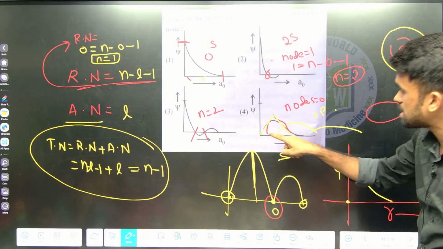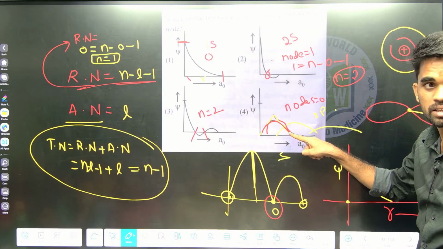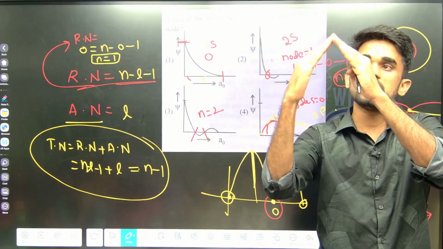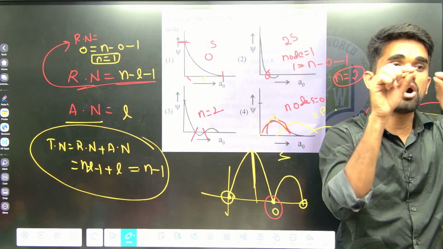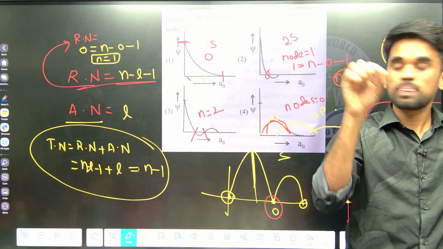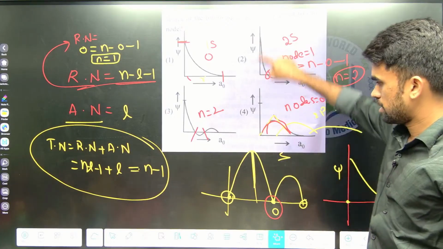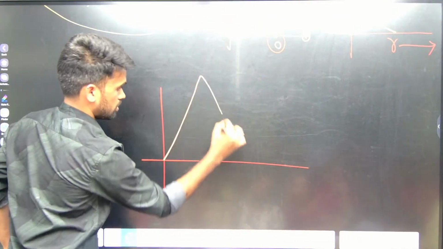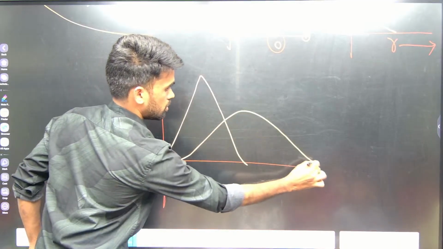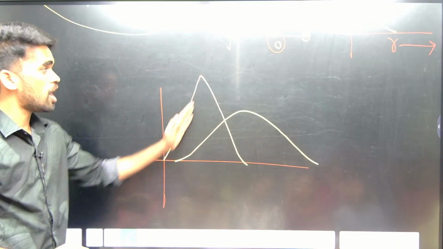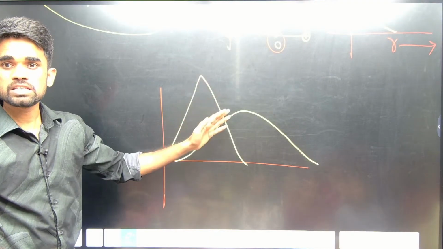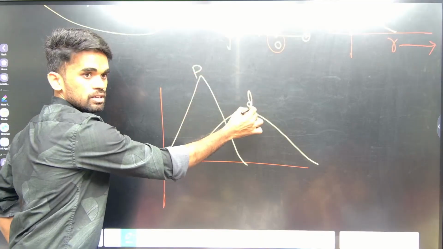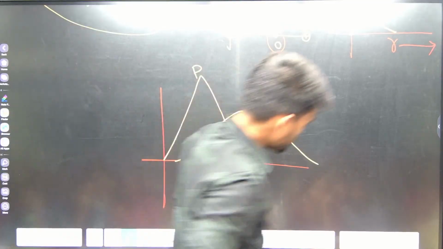As we go from p to f, the broadness increases. Is this sharp or not? Yes. If I ask which is for p and which is for d, this is p, this is for d. That's it. Okay.